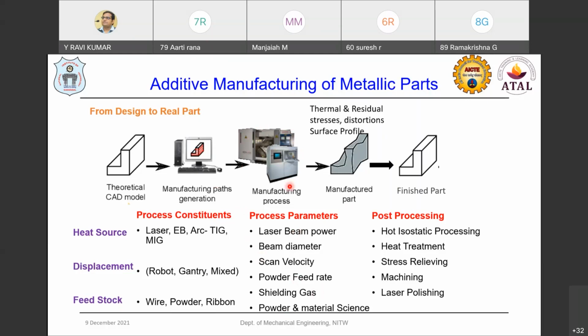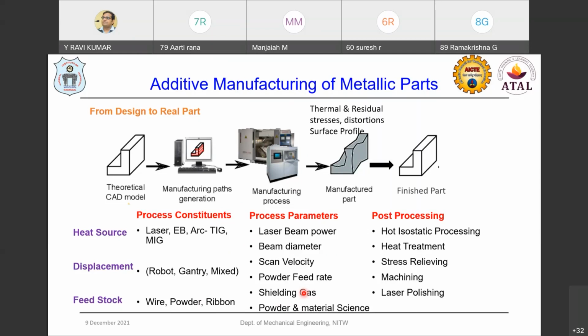In these systems, we have a large number of process parameters. Here I have highlighted only the major process parameters which are related to the quality of the part manufactured by the metal additive manufacturing process. The major thing is the laser beam, how much energy density we are supplying, that is the laser power, the scan velocity, and how much powder we are feeding when using the laser direct energy deposition process, as well as the shielding gas and how the solidification takes place.